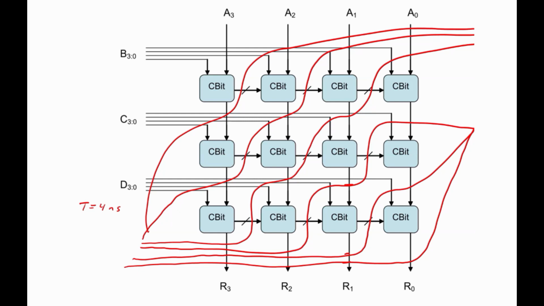We can now clock this circuit with period t equals 4 nanoseconds. So the latency is the number of pipeline stages times the clock period, which equals 6 times 4 nanoseconds, which equals 24 nanoseconds. The throughput of this circuit is 1 over the clock period t, which equals 1 over 4 nanoseconds.